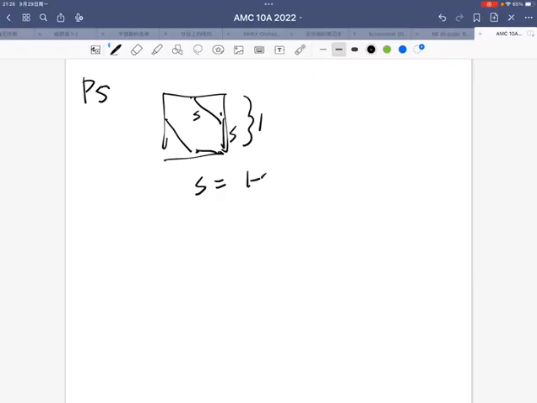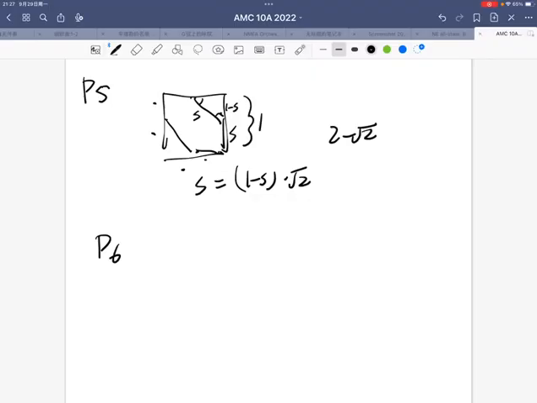Which is equal to 1 minus s times root 2, because this is 1 minus s. And this is also conveniently a 45-45-90 triangle, because, well, obviously those two sides are equal, so those two sides are equal, so it's 45-45-90. After you solve for s, it is pretty obvious to be 2 minus root 2. Just solve for s.